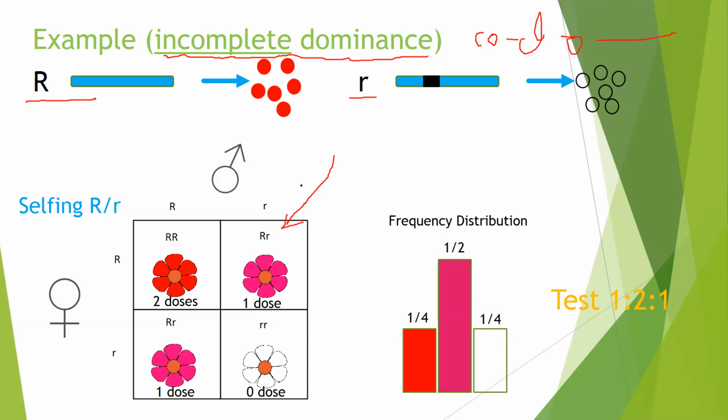So what does that mean? Let's explain a little more. First, look at the homozygous big R. The big R gives you the red color of the flower. That's one trait. And if we look at the homozygous little r, this gives you a flower without color, so the product from this gene shows no color, no pigment at all.